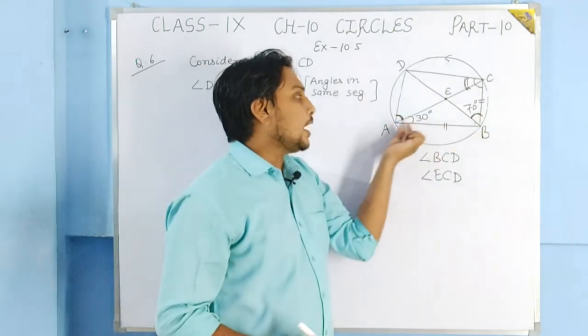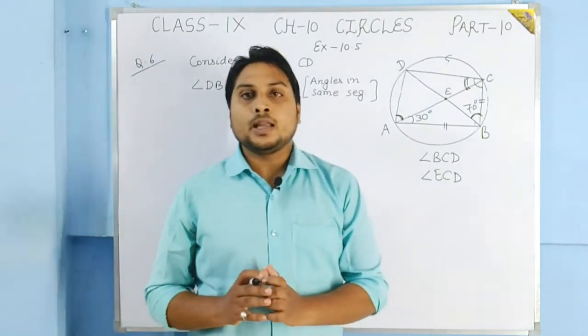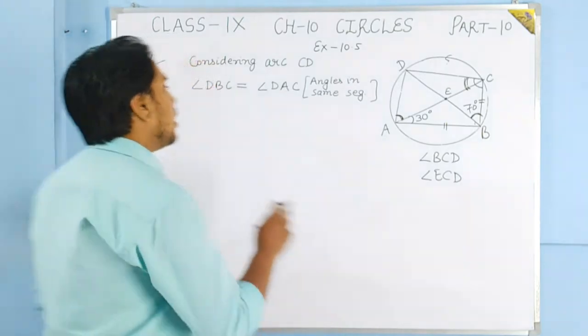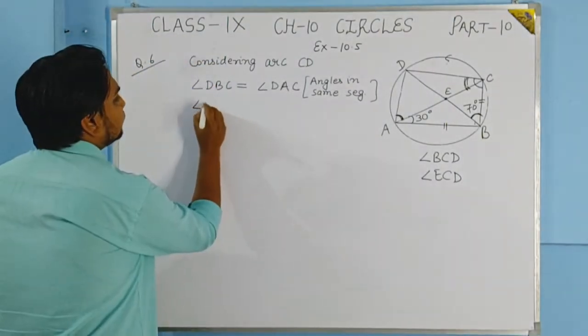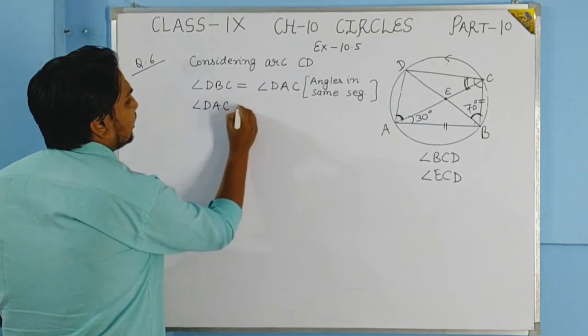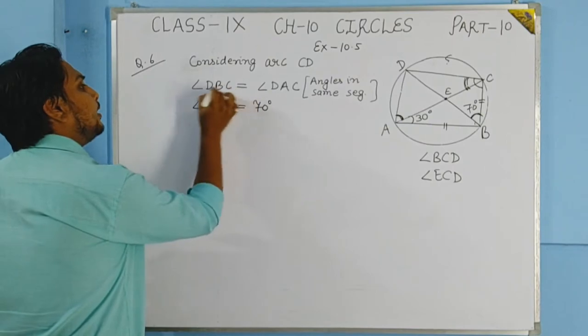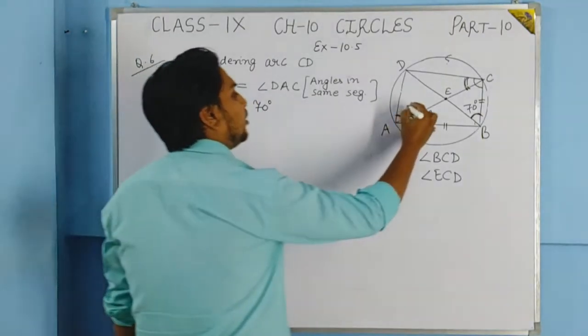Both angles should be the same because we have studied the property that angles in the same segment are equal. So angle DAC is equal to 70 degrees because it is given that angle DBC is 70 degrees. Like this we have found this angle.